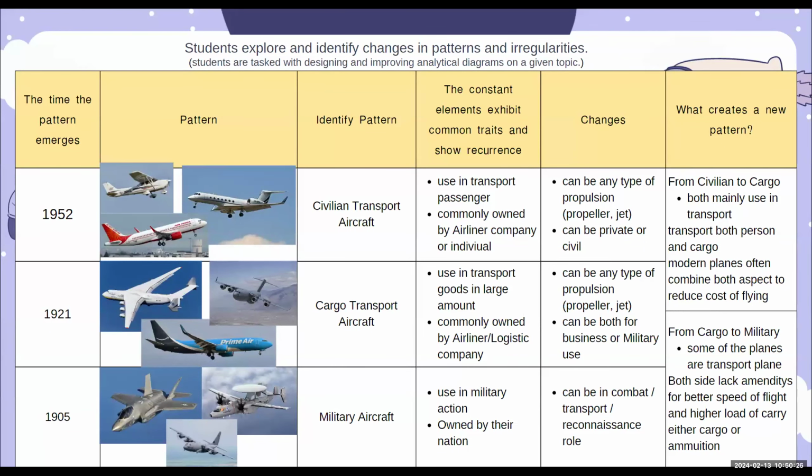And from cargo to military, both sides lack amenities in order to focus on speed and carrying the load.